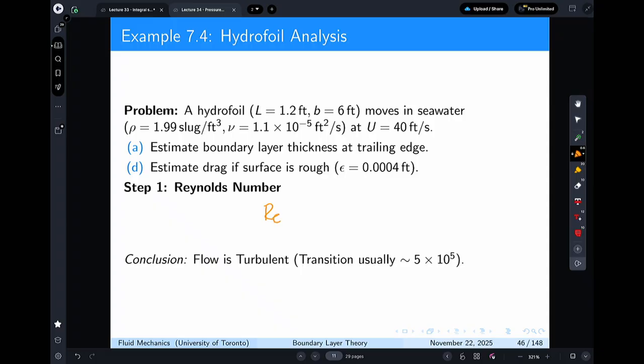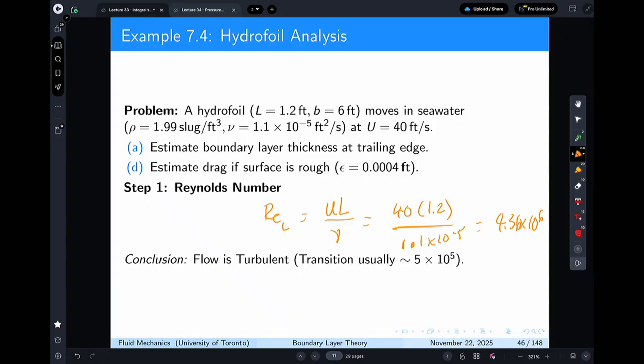So the Reynolds number is going to be this, 4.4 million. Flow is turbulent.